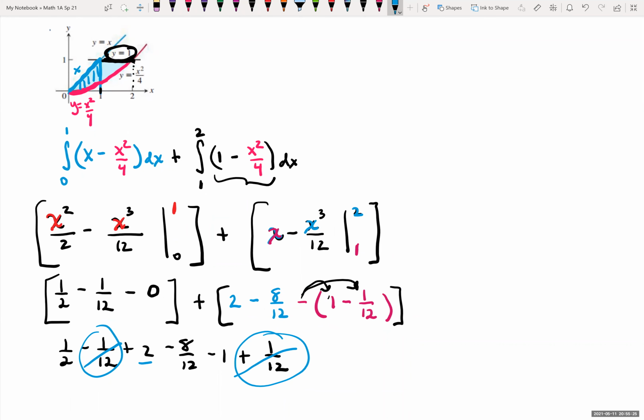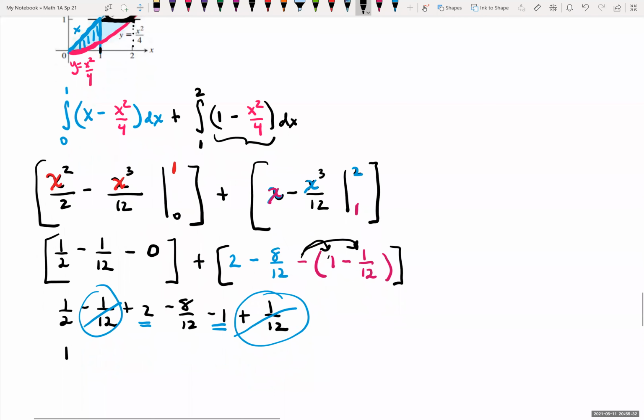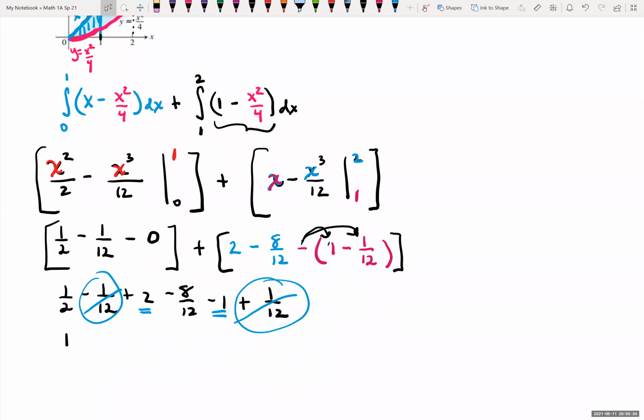Let's just look at our whole numbers, or integers. 2 minus 1 is 1. And then I have a plus 1/2 minus 8/12. So I need a common denominator, which is 12.